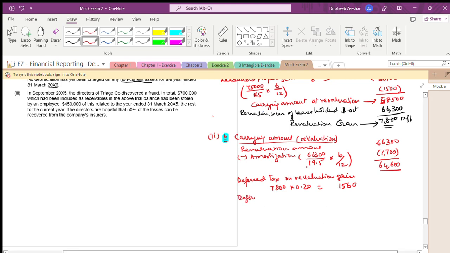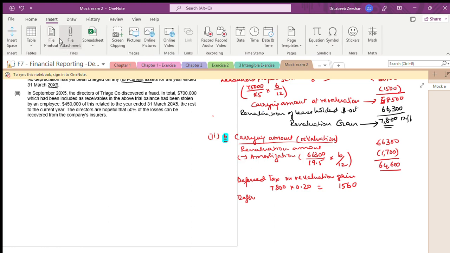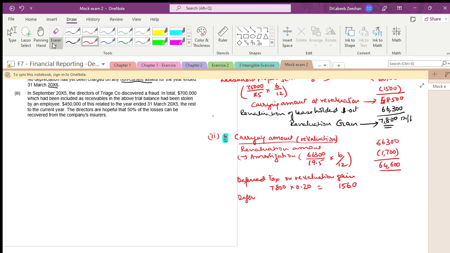Sorry. Revaluation gain is how much? 7,800 minus 1,560.